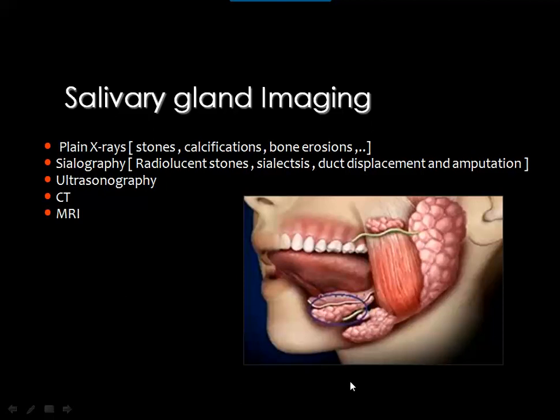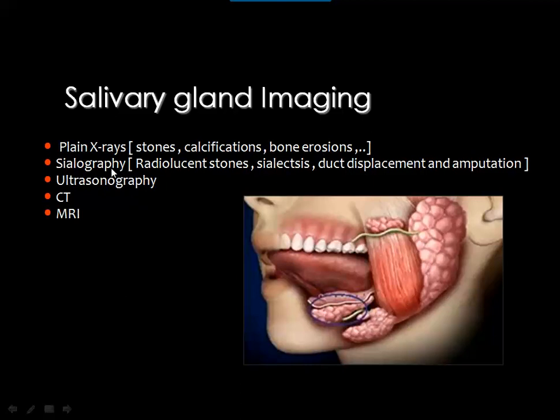You know that there are a lot of imaging modalities for evaluation of the salivary glands, starting by the plain X-ray, which can show the radiopaque calculi, calcification in the region of the salivary glands, and if there is malignant disease associated with erosion of the adjacent part of the mandible, it may appear in the straight radiographs.